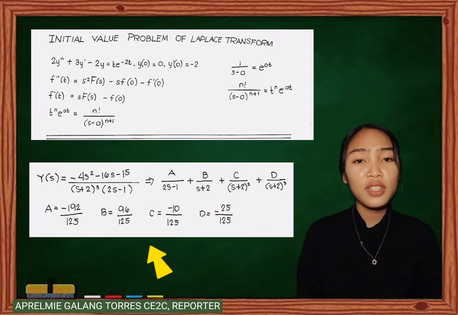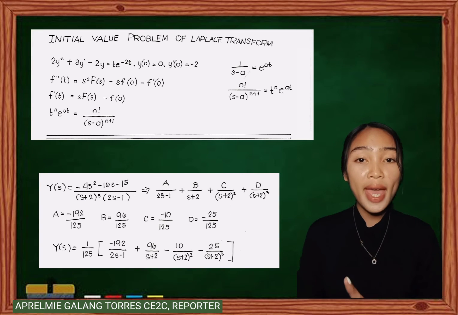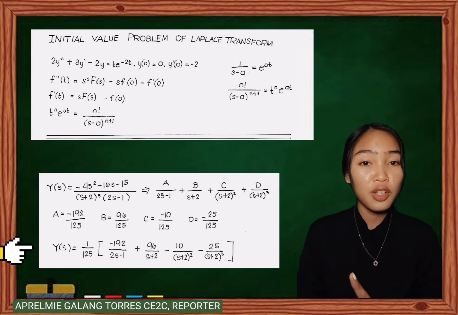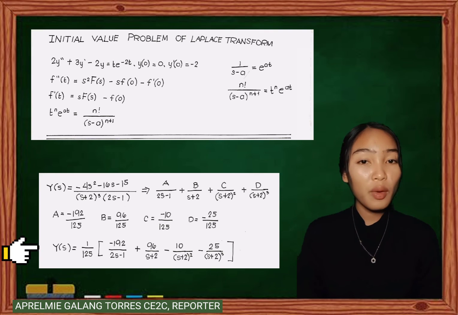So now instead of this crazy fraction here for Y(s), we'll go ahead and plug in our partial fraction decomposition. And we're going to pull out 1/125 outside of our decomposition.